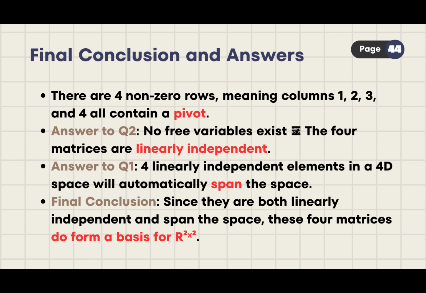Answer to Q1. 4 linearly independent elements in a 4D space will automatically span the space. Final conclusion. Since they are both linearly independent and span the space, these 4 matrices do form a basis for R2 by 2.